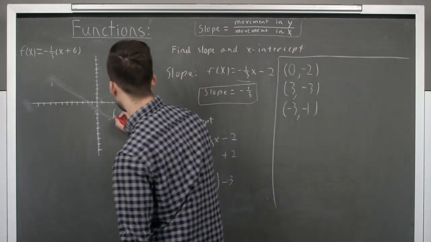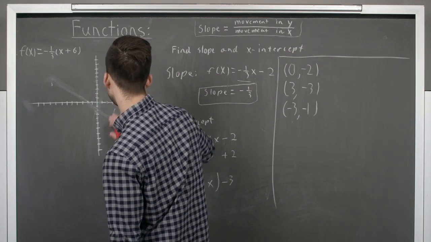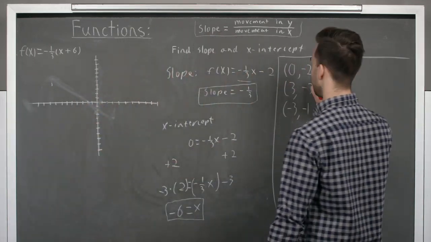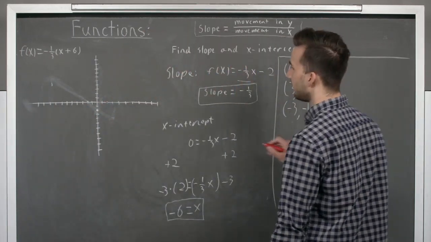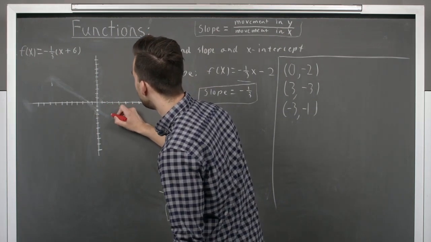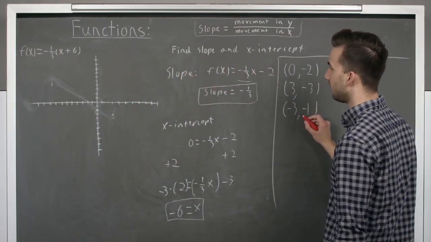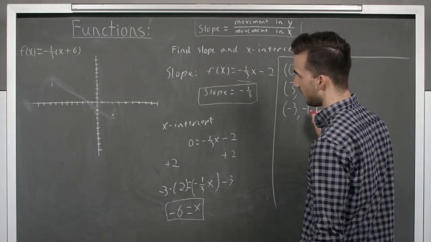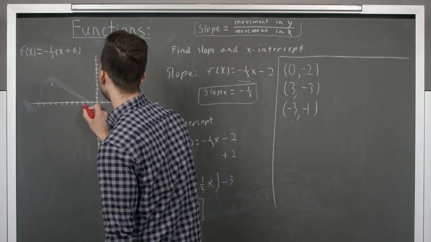So we know this point is correct. I'll just redo the points here. So we have 0, -2, and then we have 3, 1, 2, 3, -3, and then for -3 we have -1. So 1, 2, 3, -1.